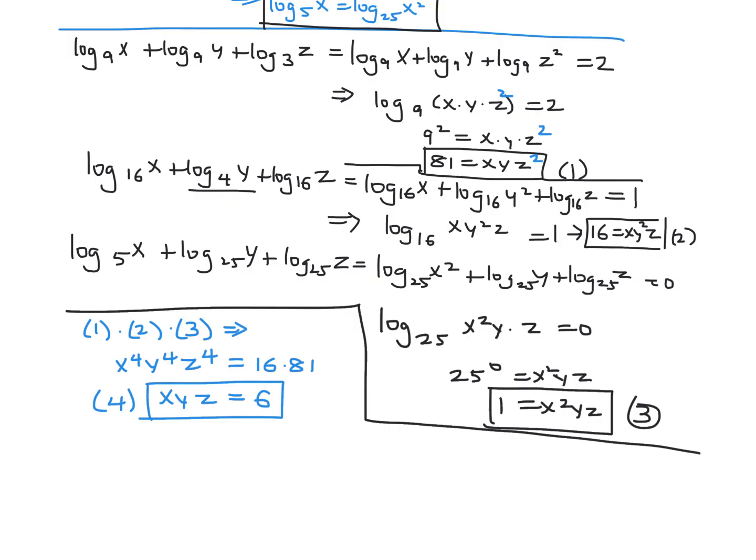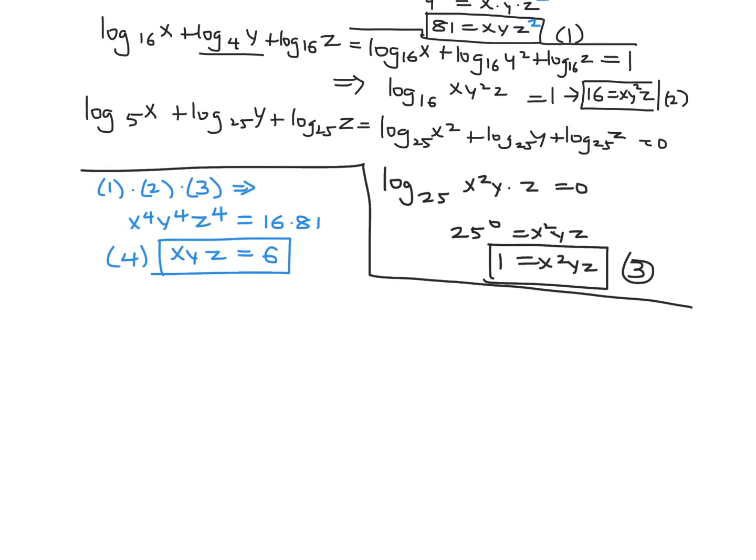So now, to figure out the individual values of x, y, and z, let's see how I can do that. To get x, I will take equation 3 and divide by equation 4. So this one divided by this one. That would basically be x squared yz divided by xyz. Those are equations, they're not numbers, by the way.